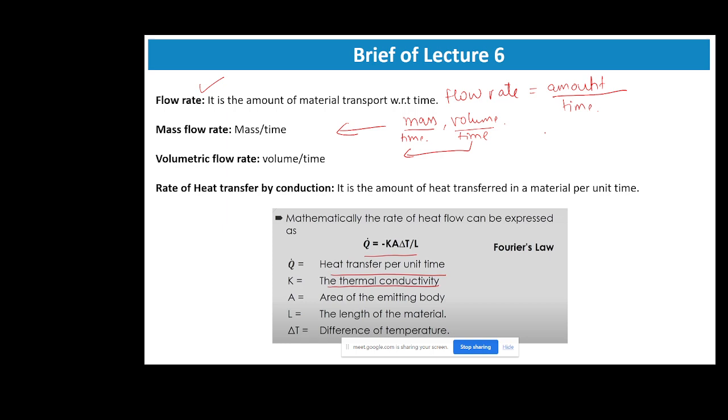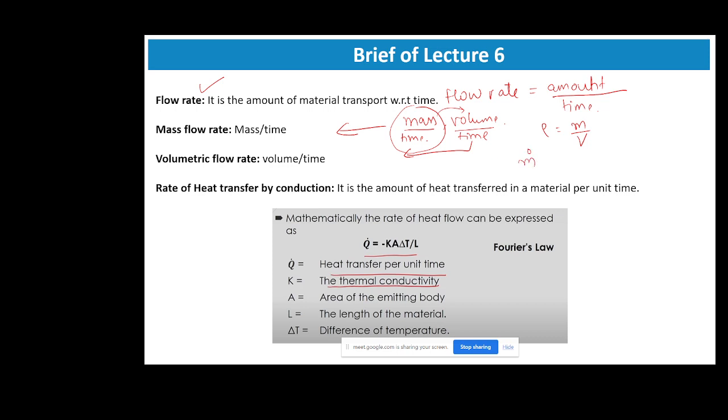Since mass and volume of anything are interrelated by density, that is, density equals mass per unit volume, mass flow rate and volumetric flow rate are interlinked.